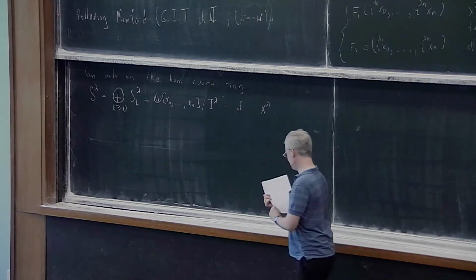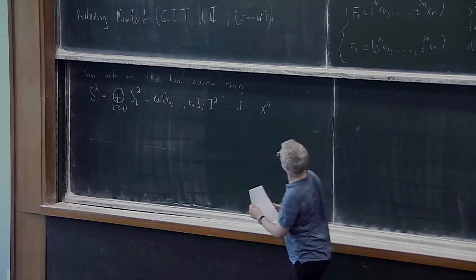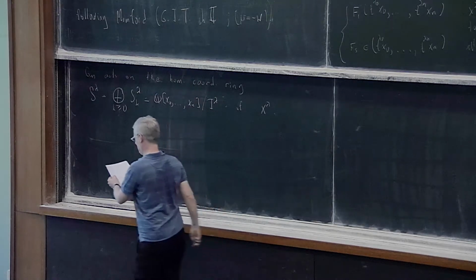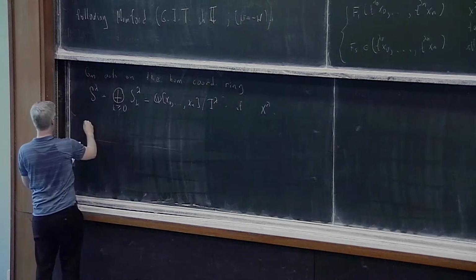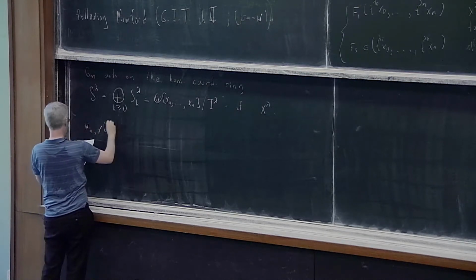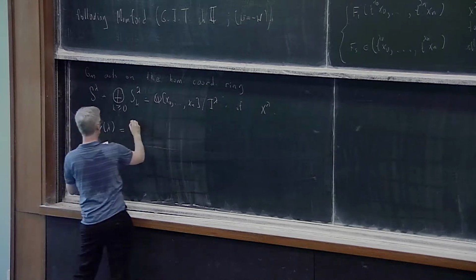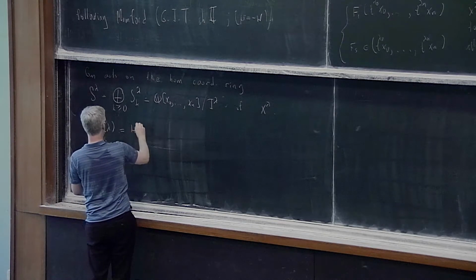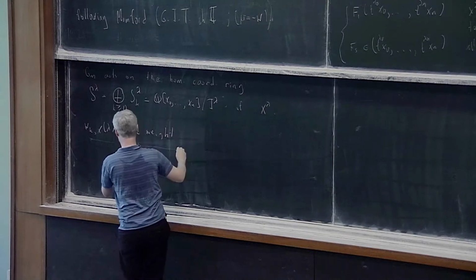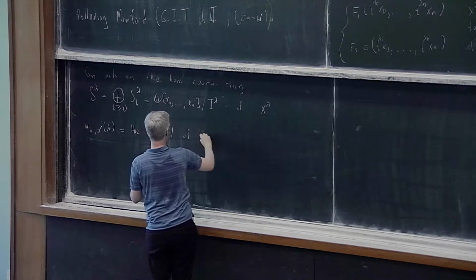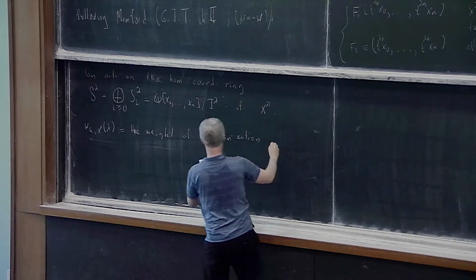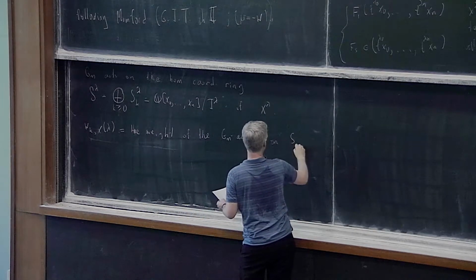So now we can define the weight. This is how we get this definition for the integral part here. This function here is now the weight of the GM action on this vector space.